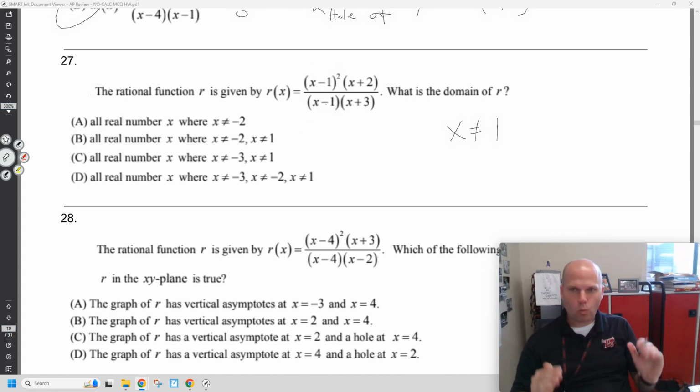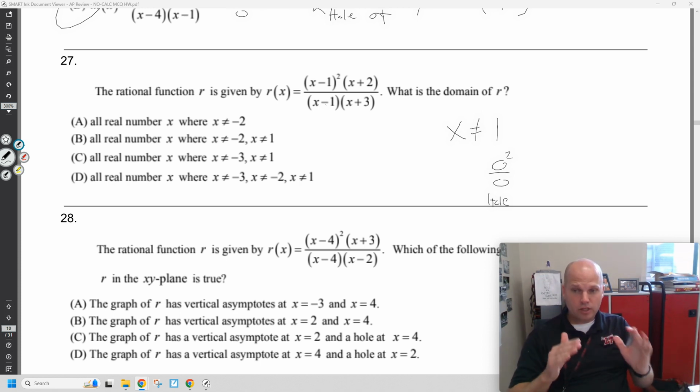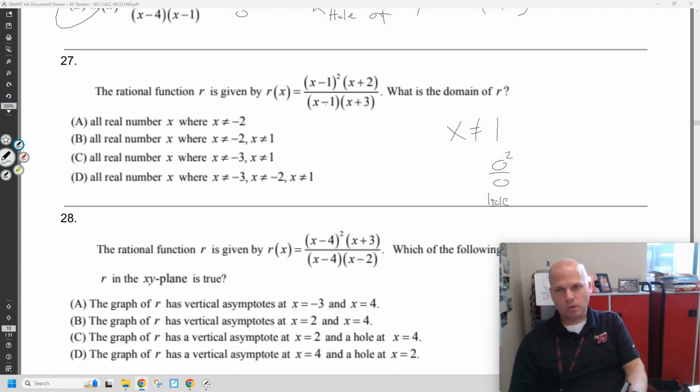If I plugged in 1, you'd get 0 over 0. 0 over 0 is an indication that you have a hole. This rational function has a hole at x equals 1. The hole happens to be located at 0, but it's a hole regardless. Because it's like 0 squared over 0, it will cancel and just give you 0. It's still a hole.